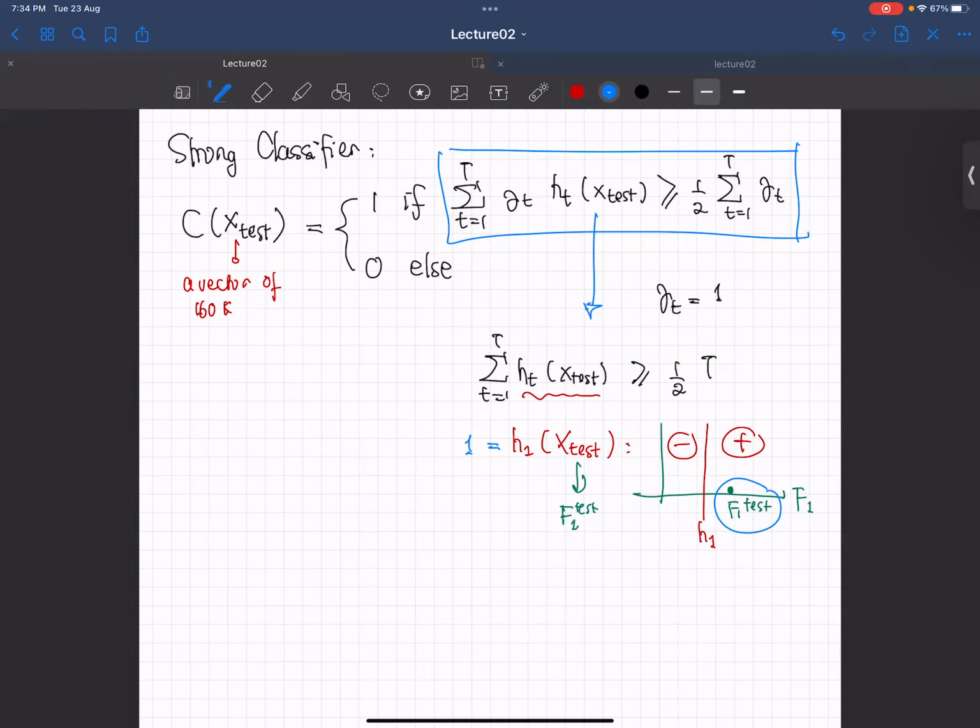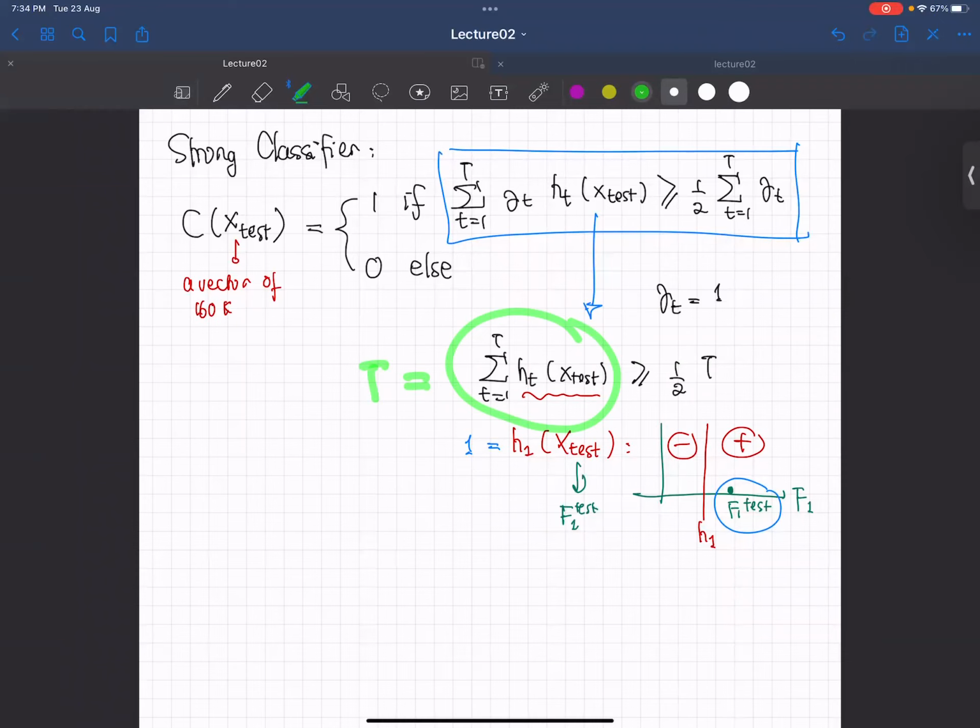Okay. So now, if this term here, the green term, equals T, what does it imply?